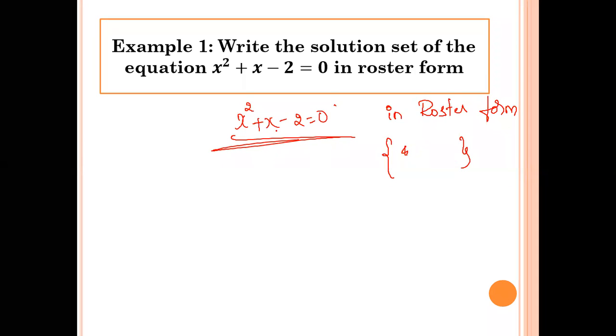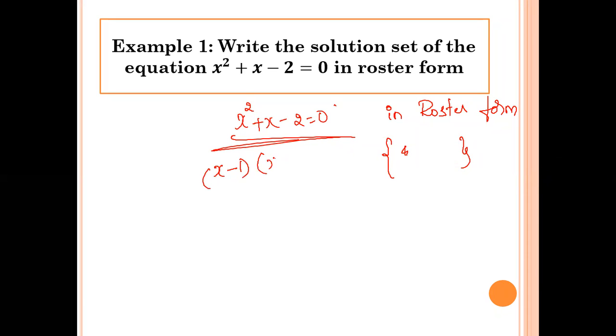What is the solution of x square plus x minus 2 equal to 0? 1 and minus 2. Yes, good Tasmia. You'll get x minus 1 into x plus 2 equal to 0. You can use any method, factorization or the formula method.